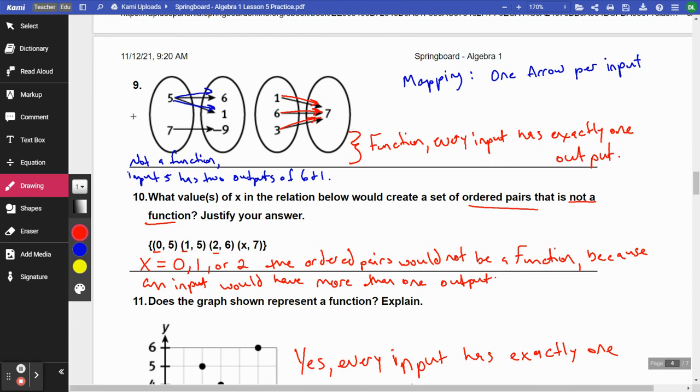In mapping, you have to have one arrow per input to be a function. So we said that this one's not a function because 5 has 2 arrows coming off of it. But this one was a function, even though every input was going to the same output. Every input still had exactly one output.